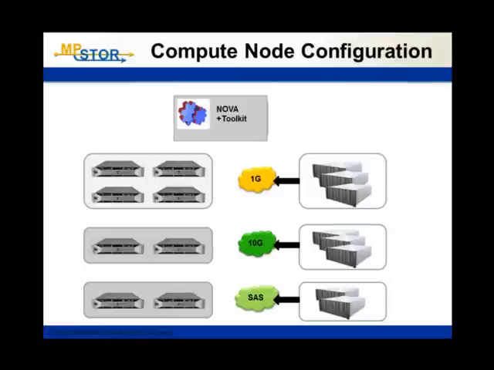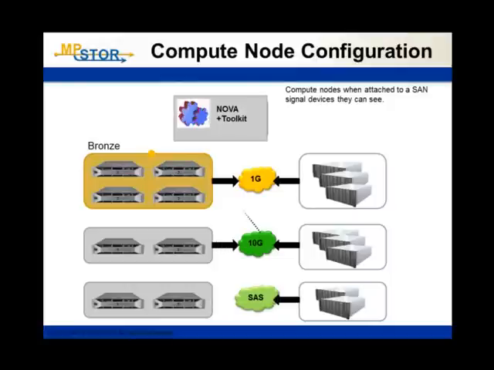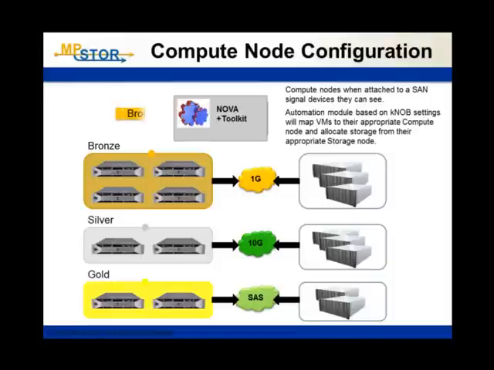So practically, if we have users who are going to request products from one of those categories, such as a bronze, then the Orkestra toolkit will just dispatch that virtual machine to the bronze infrastructure and create the storage in that bronze category storage.